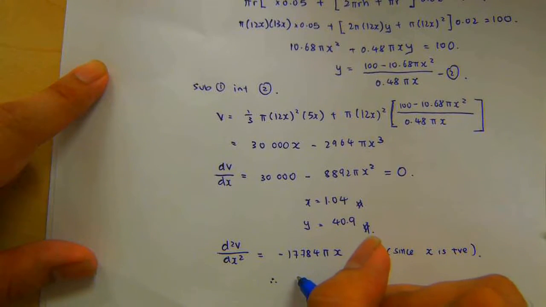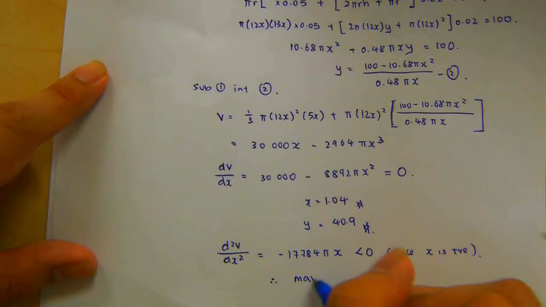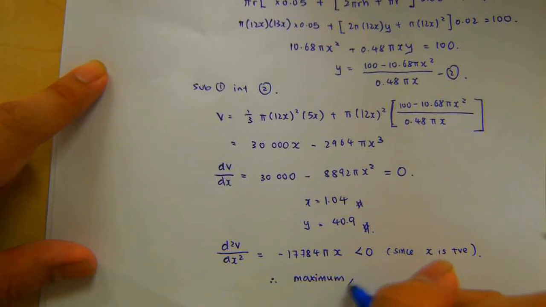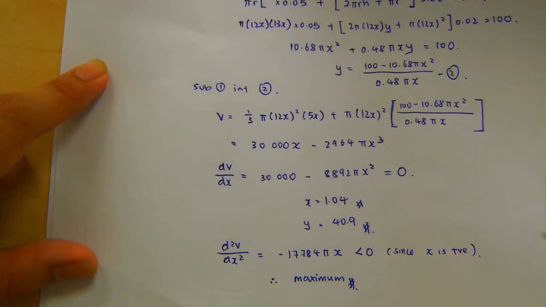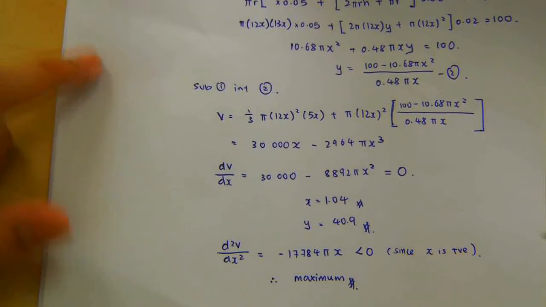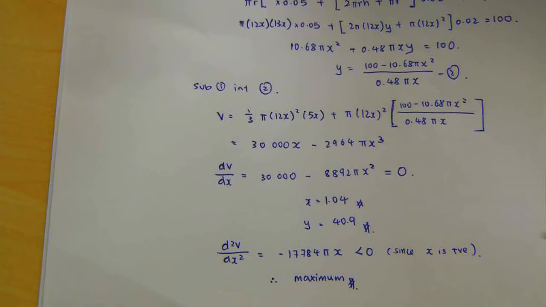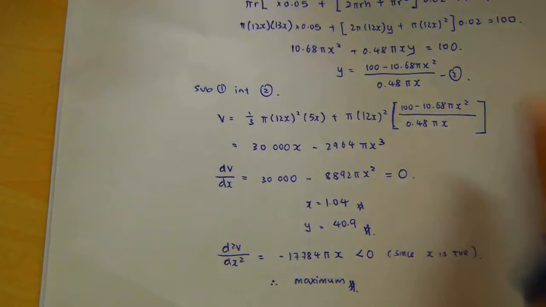Therefore, since the second derivative is negative, this will be a case of maximum. So that's it for question 2.